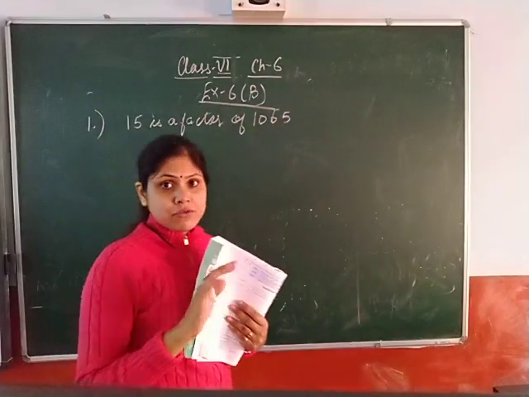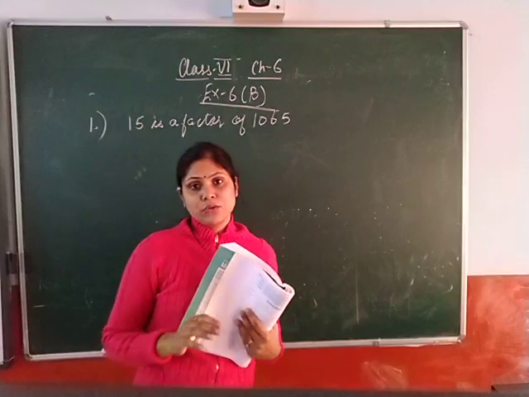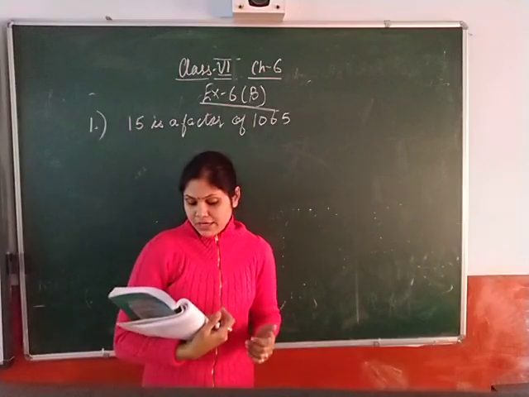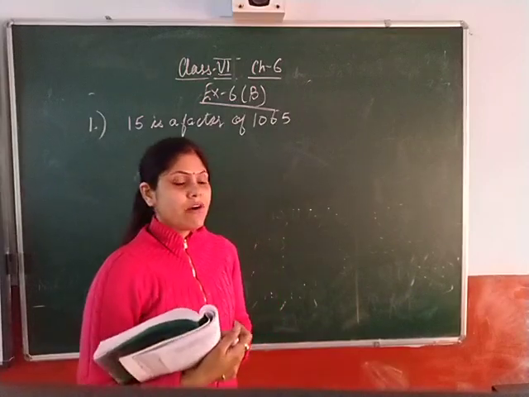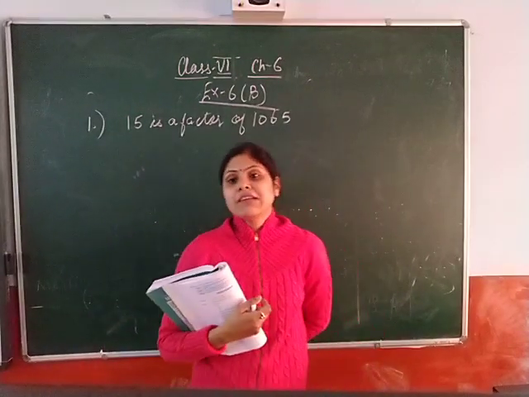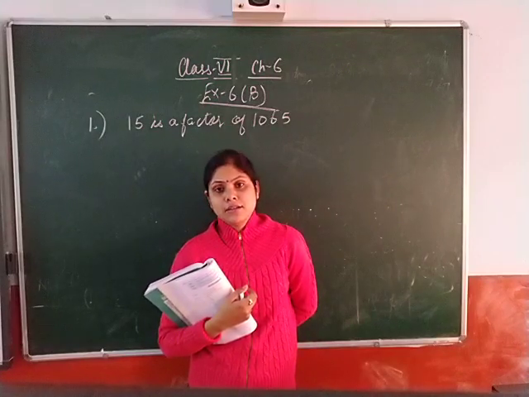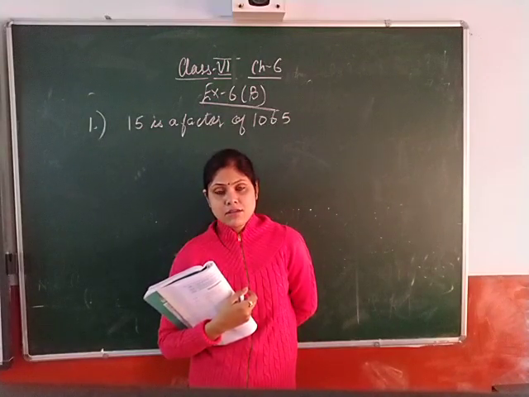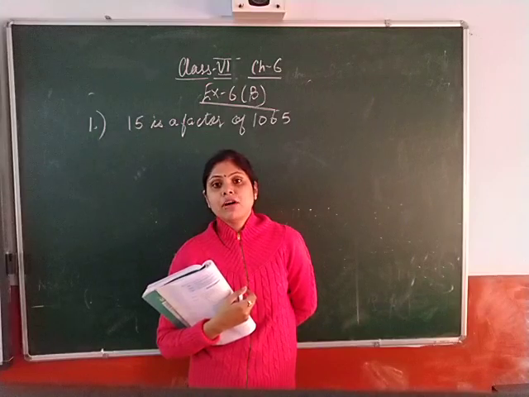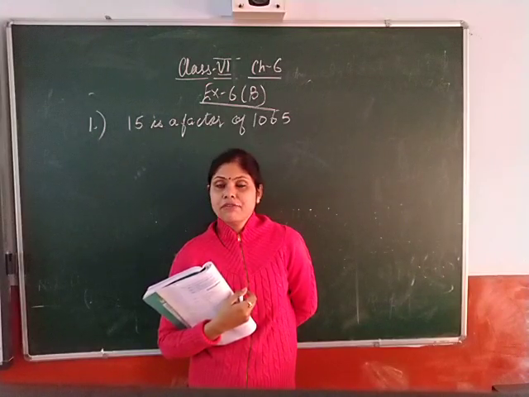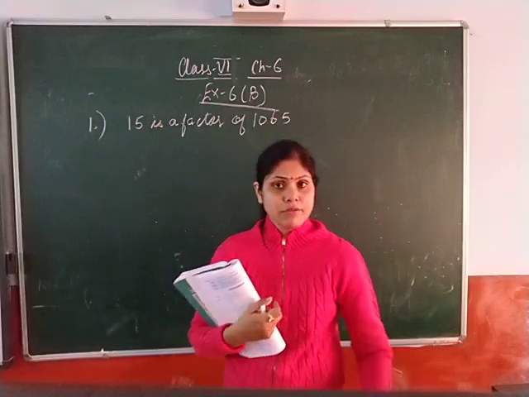Children, we don't have so much time, so I will just do alternate questions. The rest you practice on your own. Clear? How will you check whether it is a factor or not? You have to divide the number by the given factor. If the remainder is 0, that means it is a factor. If it is not 0, it is not a factor.